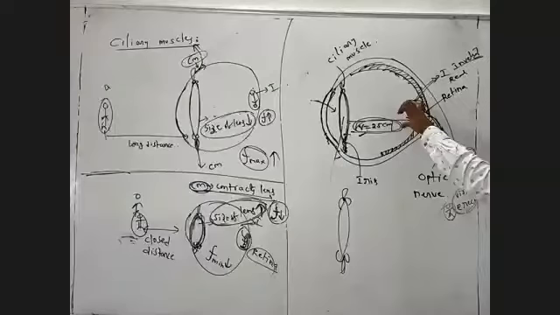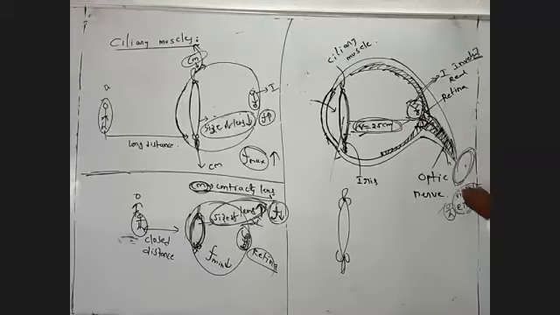These electrical signals are transmitted through the optic nerve to the brain. The brain receives the electrical signal and interprets it. So finally, the image is virtual and erect. That is the point.